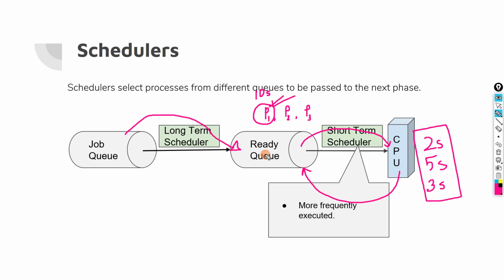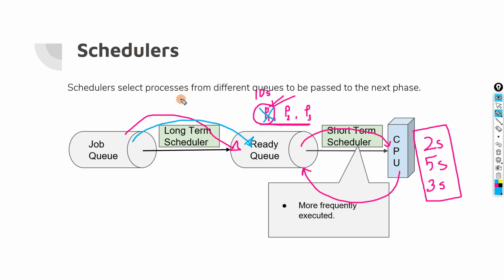So there will be empty space in the ready queue if a process among these three finishes its execution. When P1 goes out of the ready queue, I mean it has finished its execution, then only the long-term scheduler selects one process from the job queue and brings that into the ready queue.